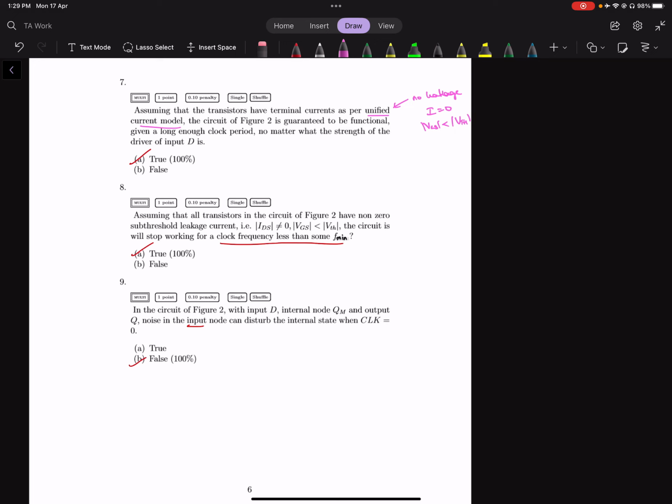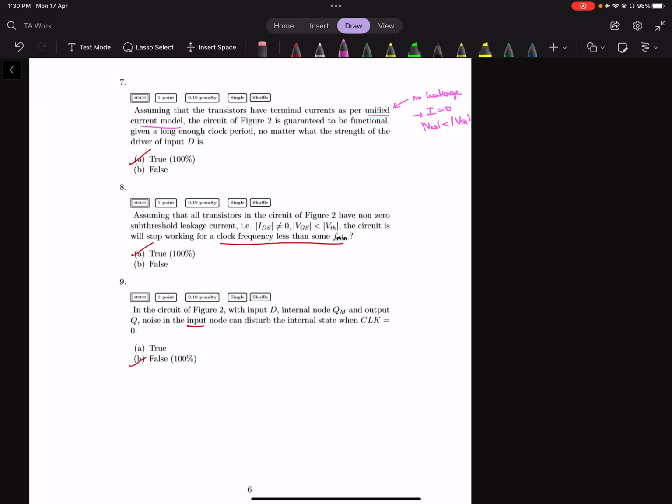No leakage means it is not affected by clock period, and no matter the strength of the input driver, it doesn't matter anymore, because with a long enough clock period the nodes will rise and will not leak.